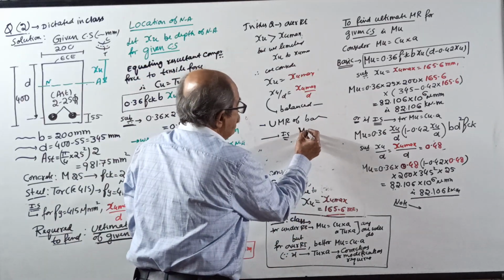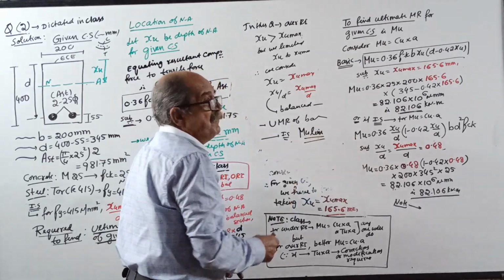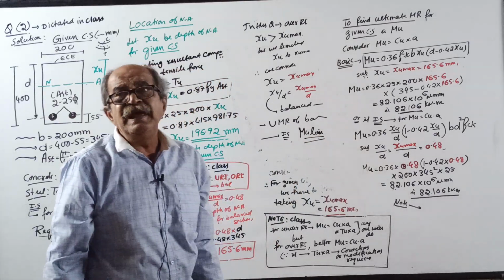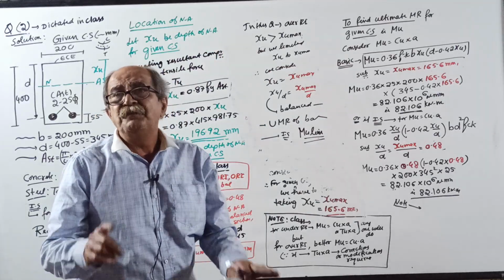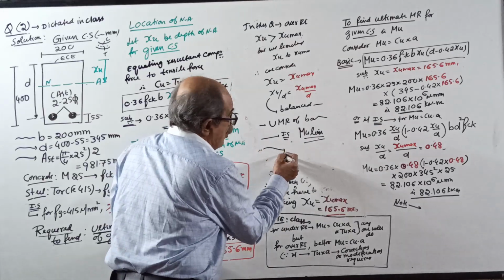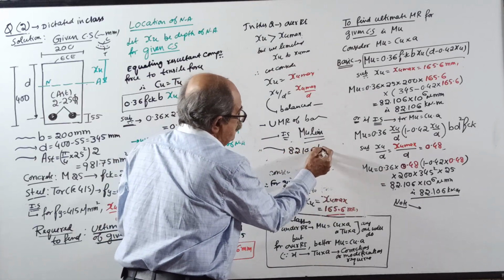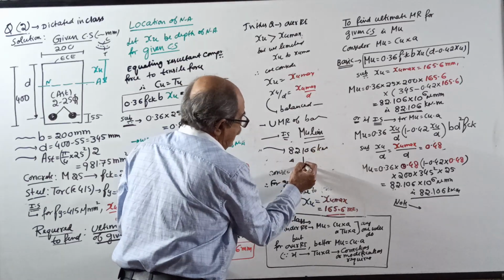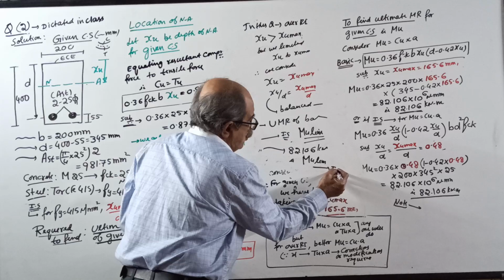The symbol is Mu limit, meaning the limiting MR for a singly reinforced rectangular balanced section. Therefore, what answer did we get? 82.106 kilonewton meter is actually Mu limit as per IS code language.